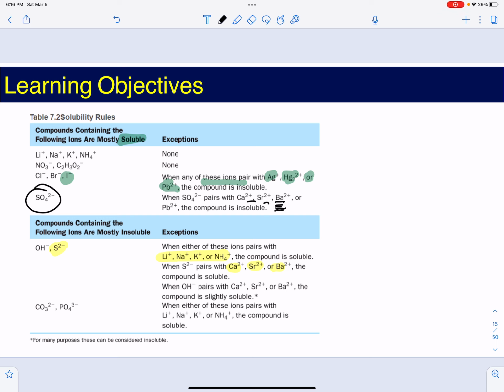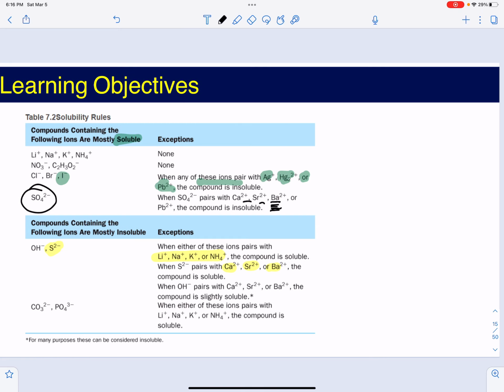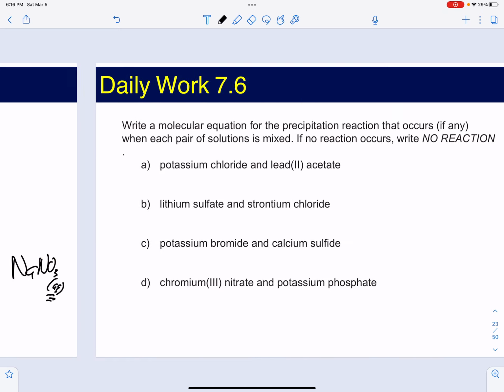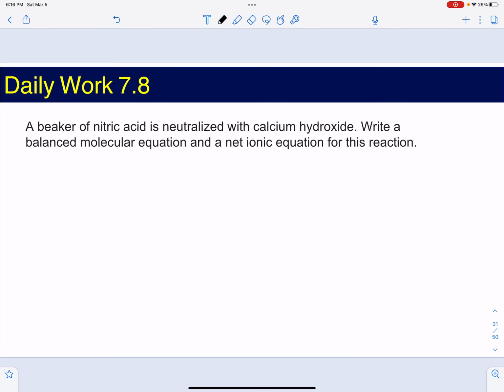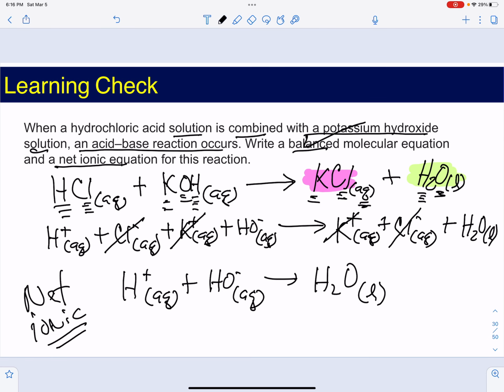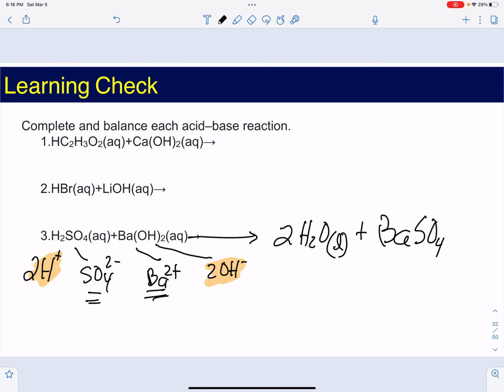So this one gives me a solid, barium sulfate, which is going to be a solid. So never guess. If you're not sure, just go back to the table. The table is a tool that you should use every time you need it. Don't feel bad about using the table. So that will be what we get in that case.